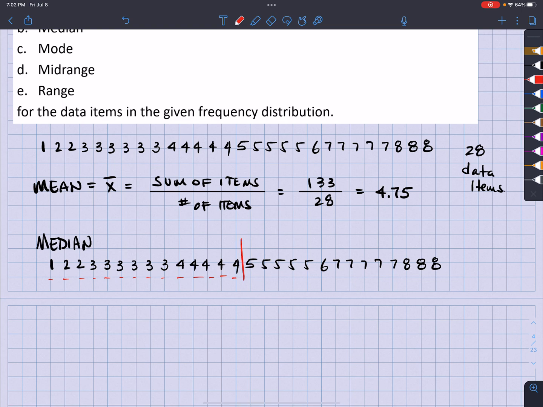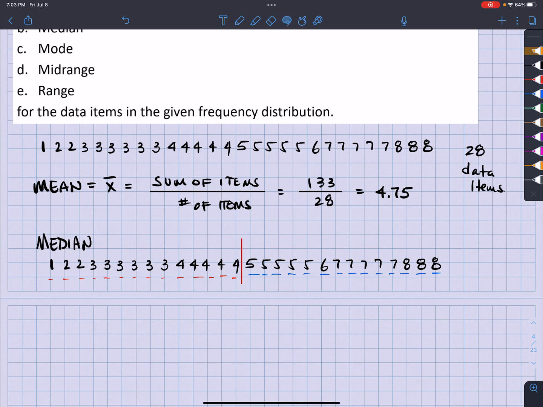So it's right here. Let's double check to make sure that the other side has 14 as well. 1, 2, 3, 4, 5, 6, 7, 8, 9, 10, 11, 12, 13, 14. Yes, there's 14 on both sides.